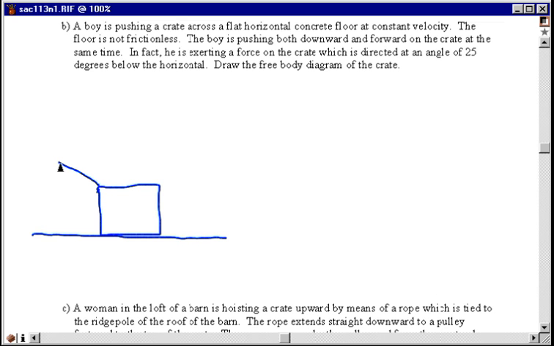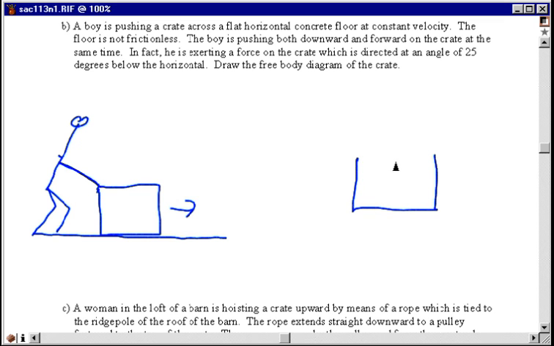So let's have his hands pushing on it right there. There's his arm, and have him leaning forward a little bit, pushing down and forward on that crate, and it's going in that direction. There's a sketch. Now we've got to get a free body diagram for the crate.